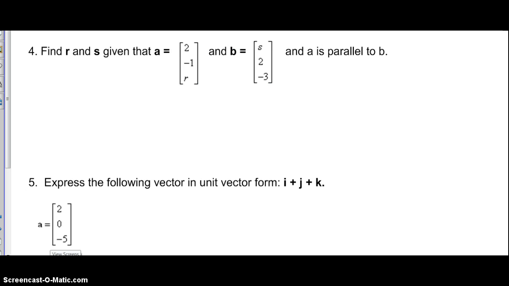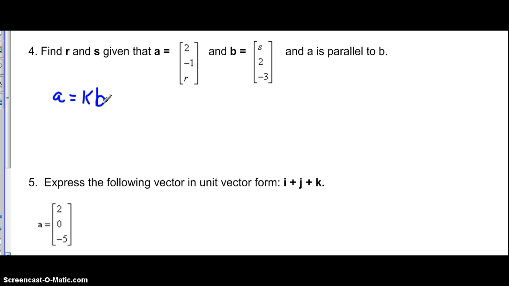Okay, let's look at problem number 4. We have find R and S given our A vector and our B vector, and A is parallel to B. So remember, if vectors are parallel, then one vector, let's say it's A, would be equal to K, some type of scalar, times the other vector.